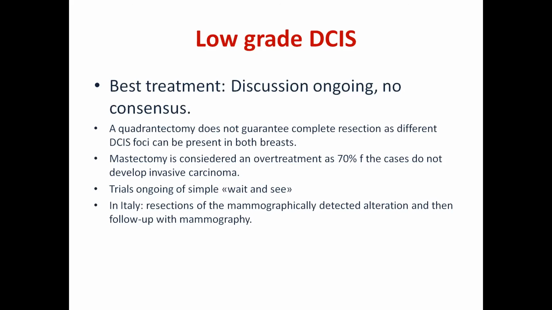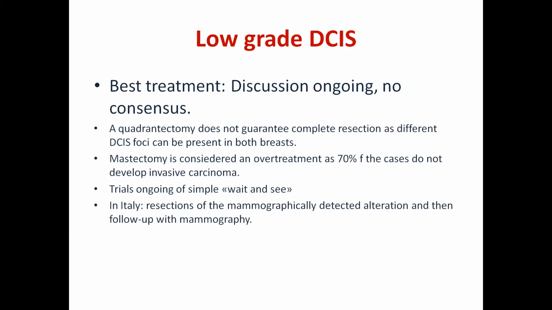I mean, we make surgery of the mammographic microcalcifications. So we take away most of the tumor, of what we can see on mammography. And then we make close follow-up with mammography, radiology.